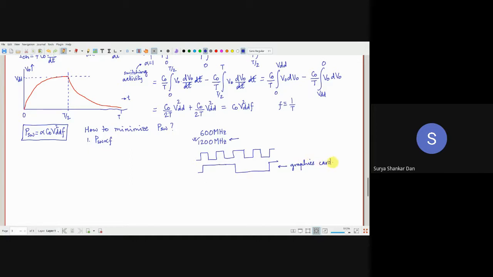The graphics card will be reading like this, and this is your supposedly 1200 megahertz screen design.